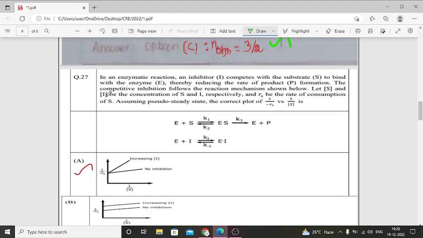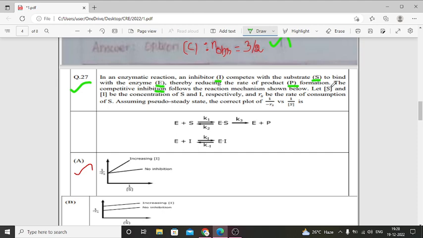Next question, question number 27. In an enzymatic reaction, an inhibitor I competes with substrate S to bind with the enzyme E, thereby reducing the rate of product P formation. The competitive inhibition follows the reaction mechanism shown below.